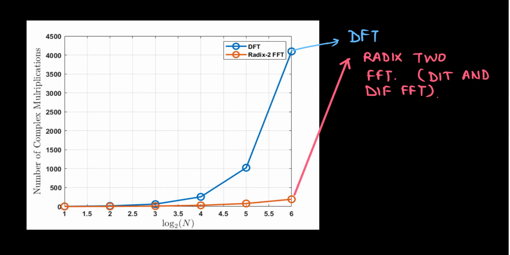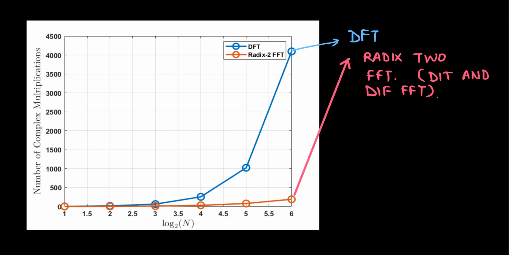This difference is quite high, which means that the number of complex multiplications required for this radix 2 FFT is significantly lower as compared to the DFT, and therefore the time required for the computation of this radix 2 FFT is significantly less, and therefore we can say that this algorithm, that is DIT and DIF, is actually a faster implementation of the DFT algorithm.